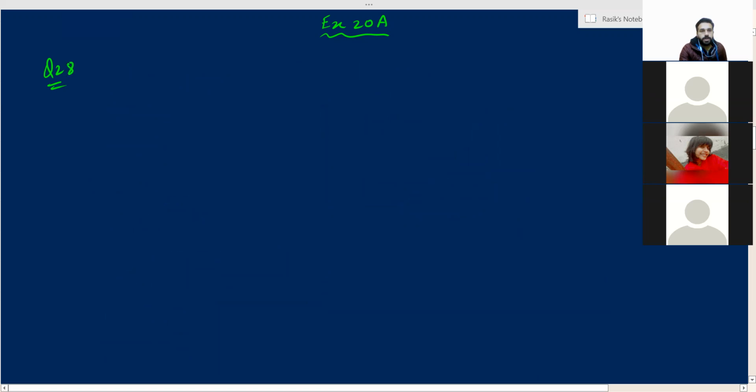So in question 28, dimensions of a metal block are given. That means this is a cuboid. Metal block is cuboid in shape.